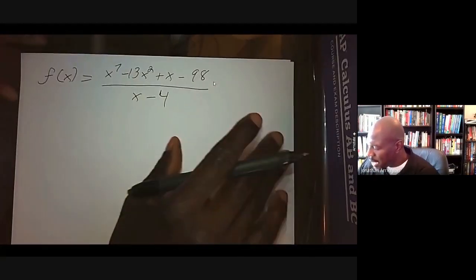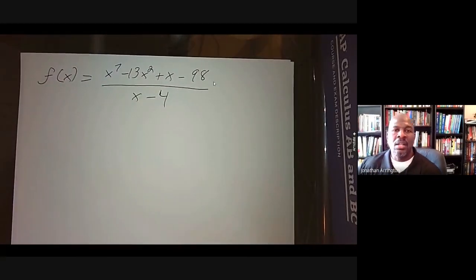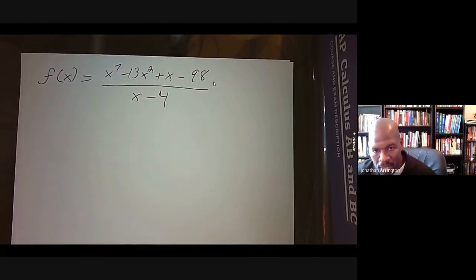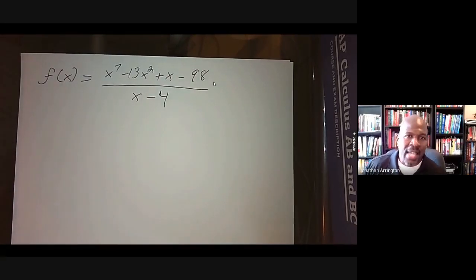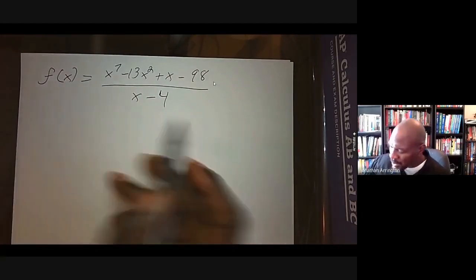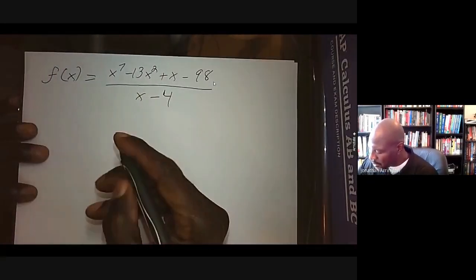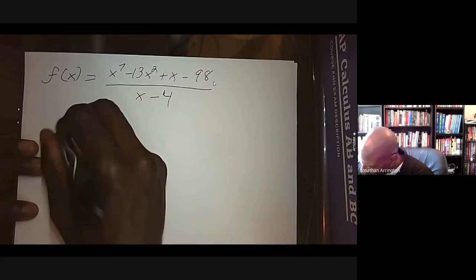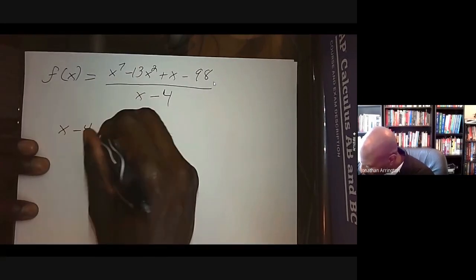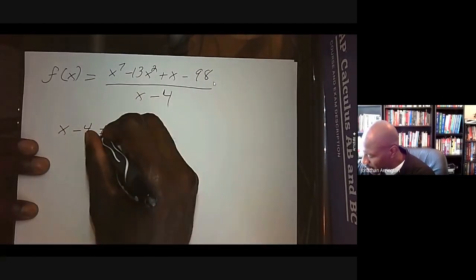So again, for right now, there's only one thing that can cause restrictions on our domain, the only thing we talked about, and that is our denominator cannot be 0. So we don't even care about the numerator as far as finding the domain. It's insignificant to our life. What we care about is that our denominator, x minus 4, cannot be 0.